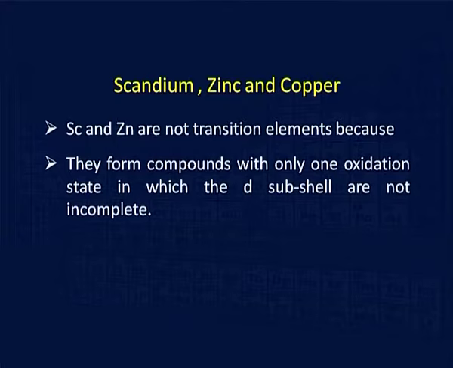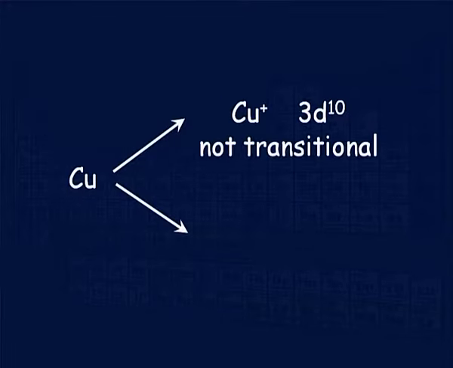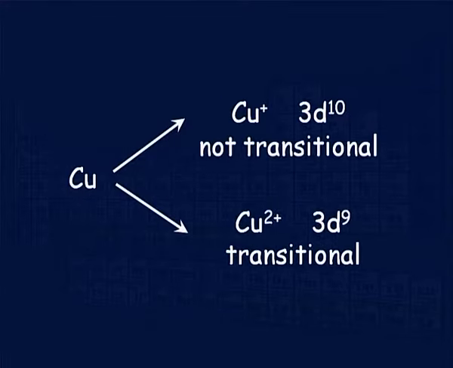However, their properties and the properties of some of their compounds are very similar to the transition metals, and therefore they are studied together with the transition series elements. As I said, copper +1 is non-transition, while copper +2 is a transition element.